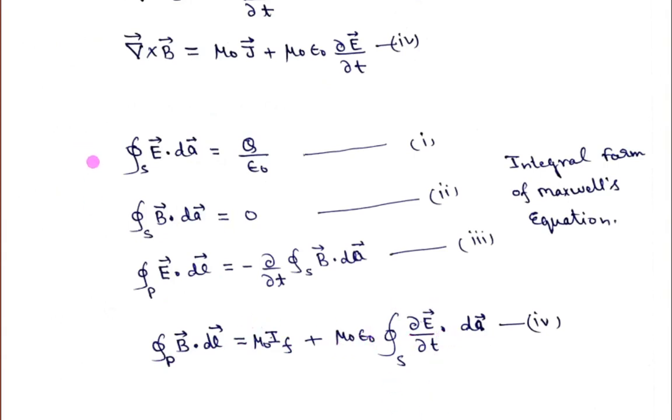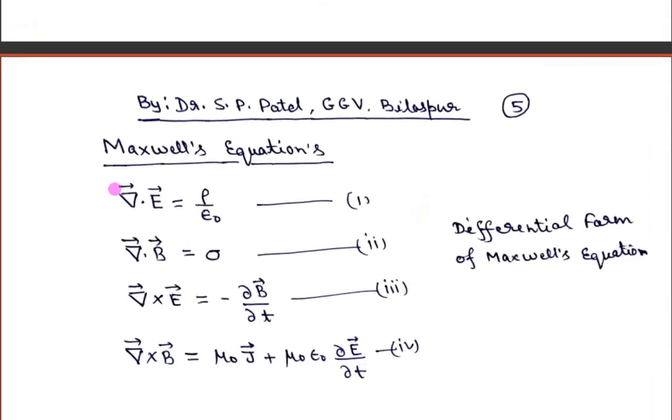These four coupled equations are again known as the Maxwell equations in integral form. Remember, when you write all these four equations correctly together, then only they will be called Maxwell equations. So this is in differential form and this is in integral form.